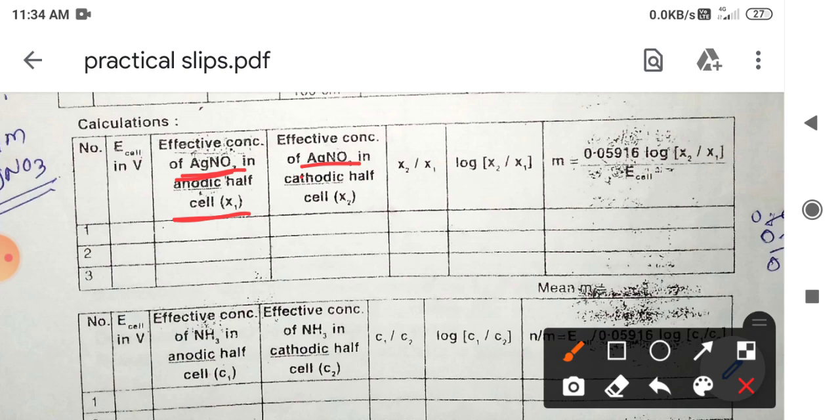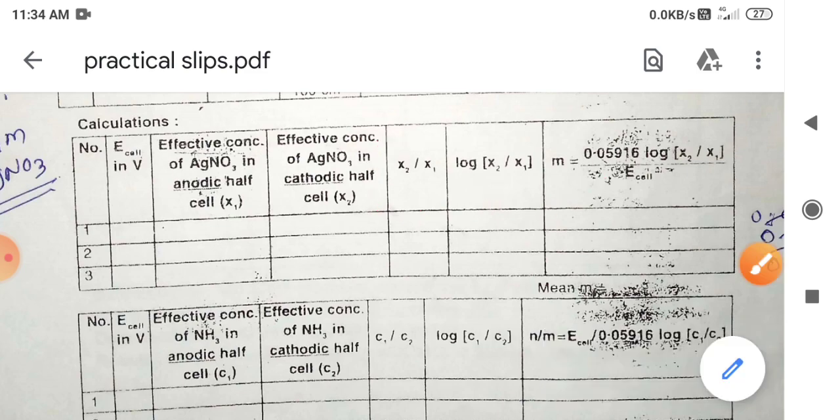Similarly, the effective concentration in the cathodic half cell can be found using the same formula. Next, take the ratio x2 by x1, that is the effective concentration in the cathodic region to that in the anodic region. Next, take the logarithm and determine the value of m.